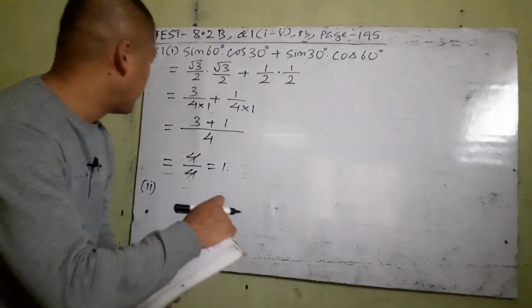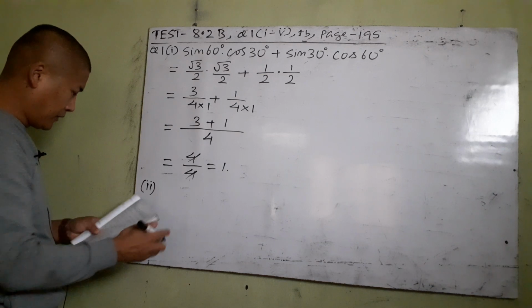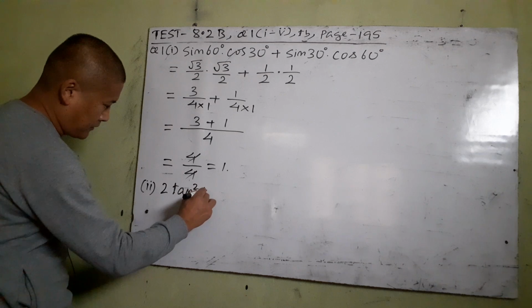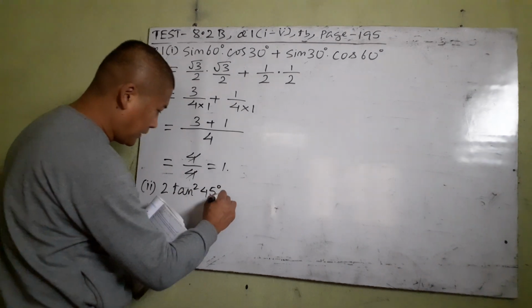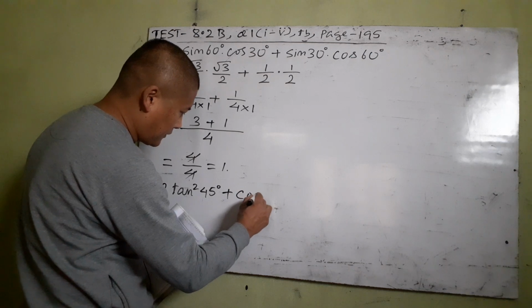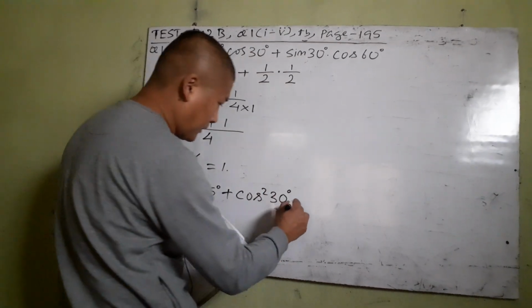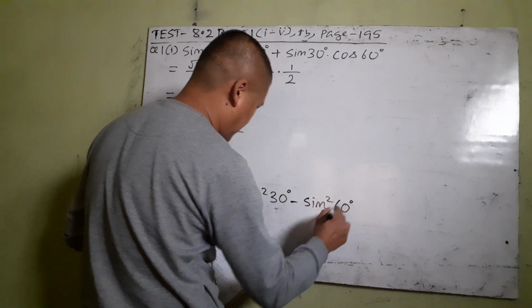So the answer value for 1 is 1, then 2 is 2 tan squared 45 degree plus cos squared 30 degree minus sine squared 60 degree.